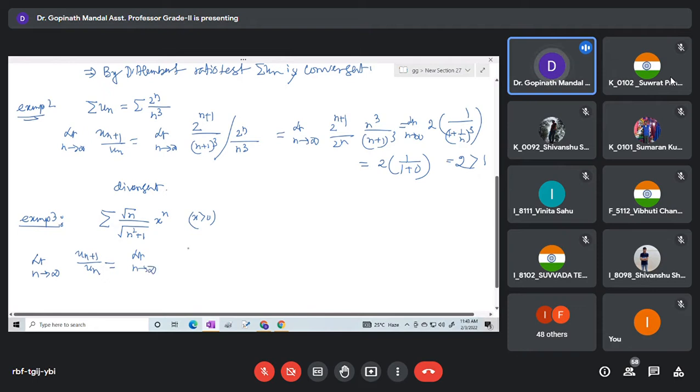Now what is u(n+1)? u(n+1) is root of ((n+1) square plus 1) x to the power (n+1), by un which is root of (n square plus 1) x to the power n.